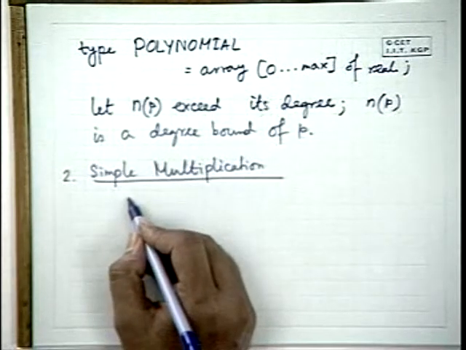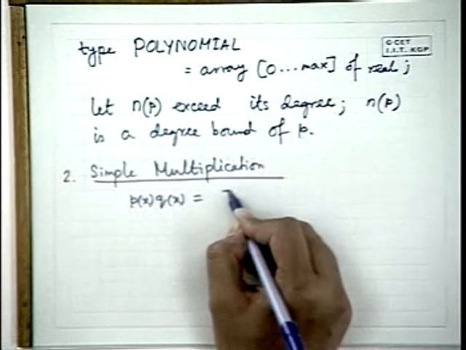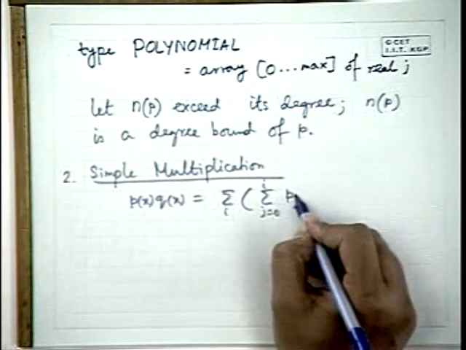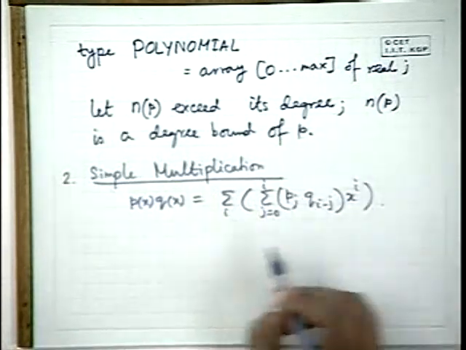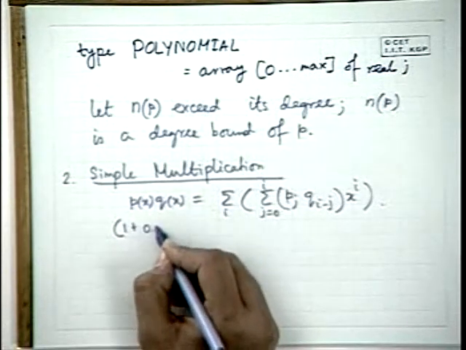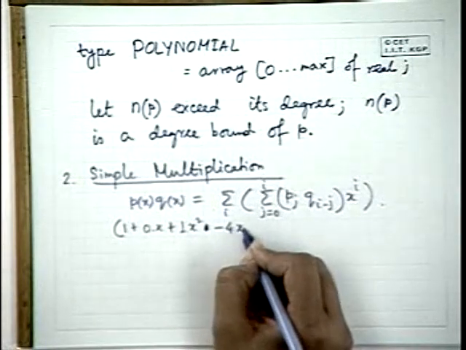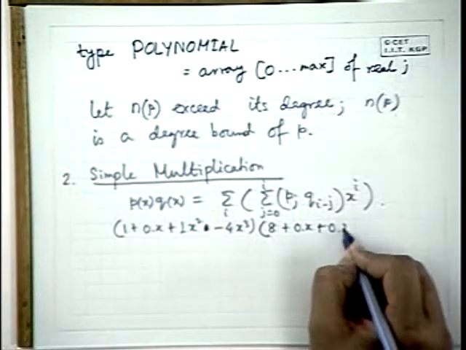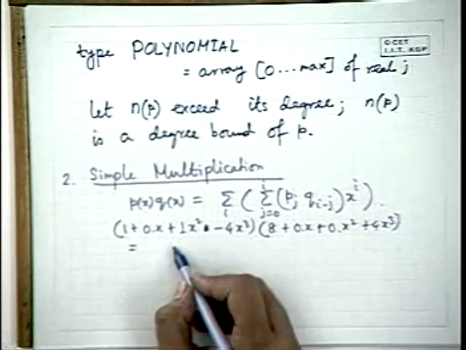So, let us take an example. You remember that formula: P(x)Q(x) is sigma over i, then sigma j going from 0 to i, Pj Q(i minus j), x to the power i. That is our formula. So, if I take this example, say I have 0 plus 1x squared, say minus 4x cubed, multiplied with say 8 plus 0 times x plus 0 times x squared plus 4x cubed. Then according to this formula, what will be the coefficients?